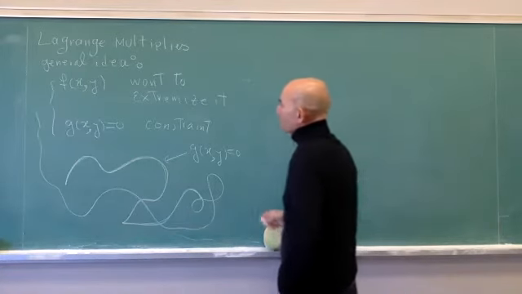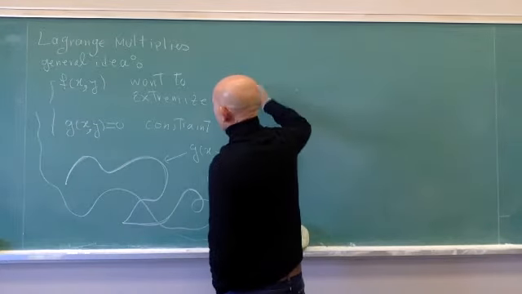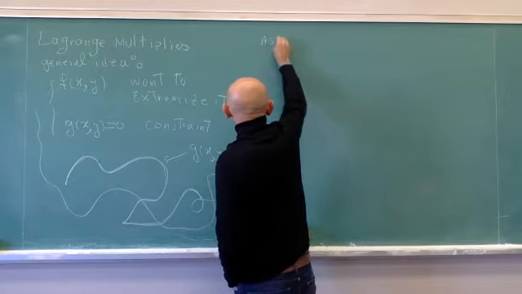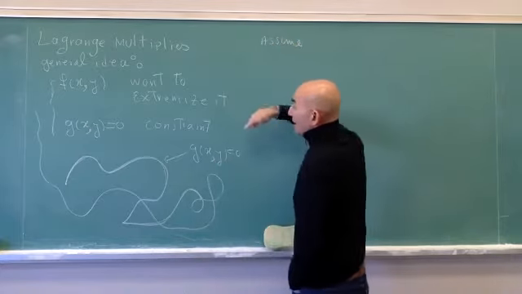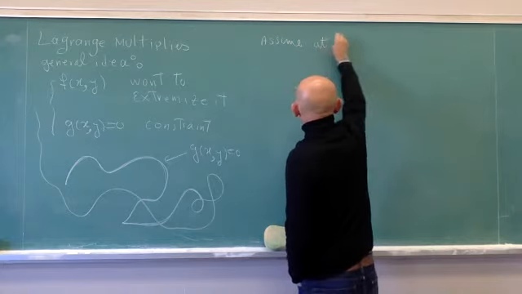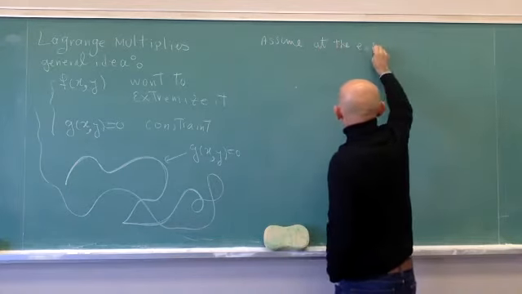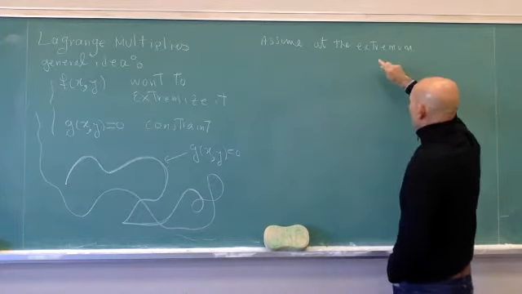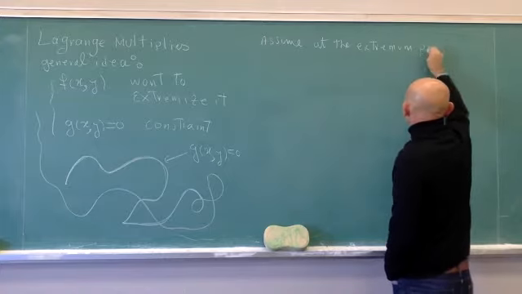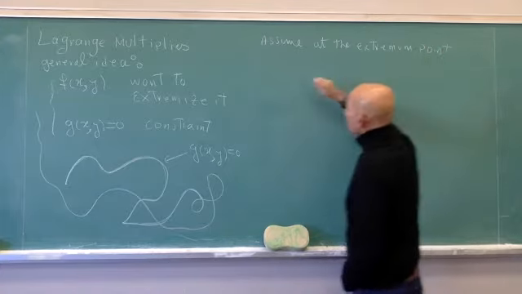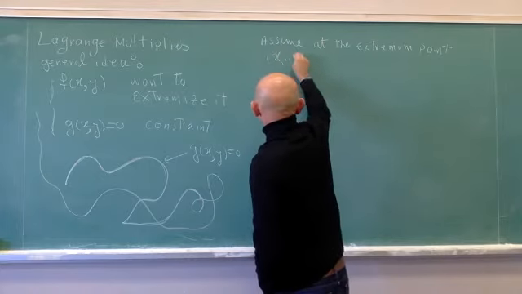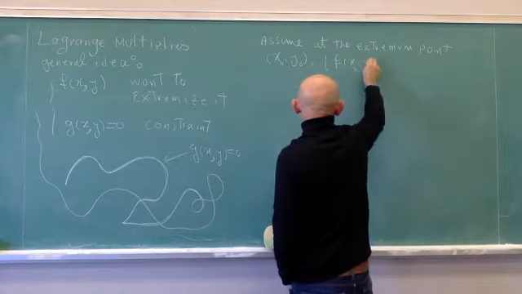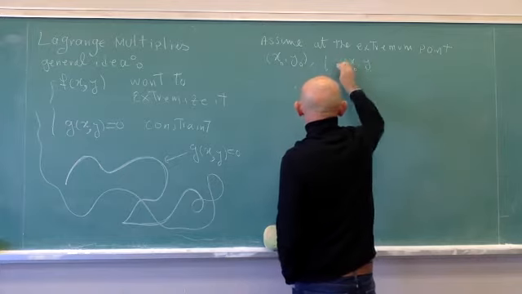So the result is in the following form. Assume at the extremum point x0, y0, so g of x0, y0 equal to 0, this is a condition that we always assume holds.